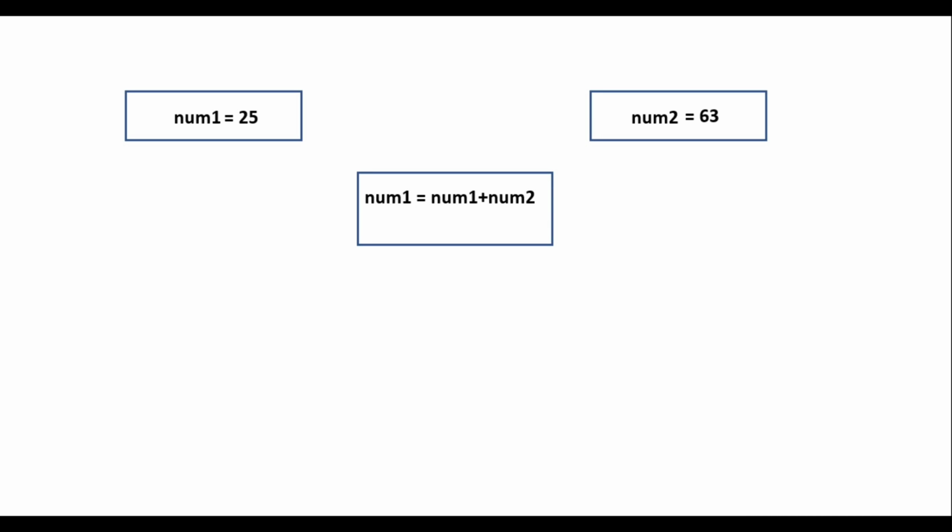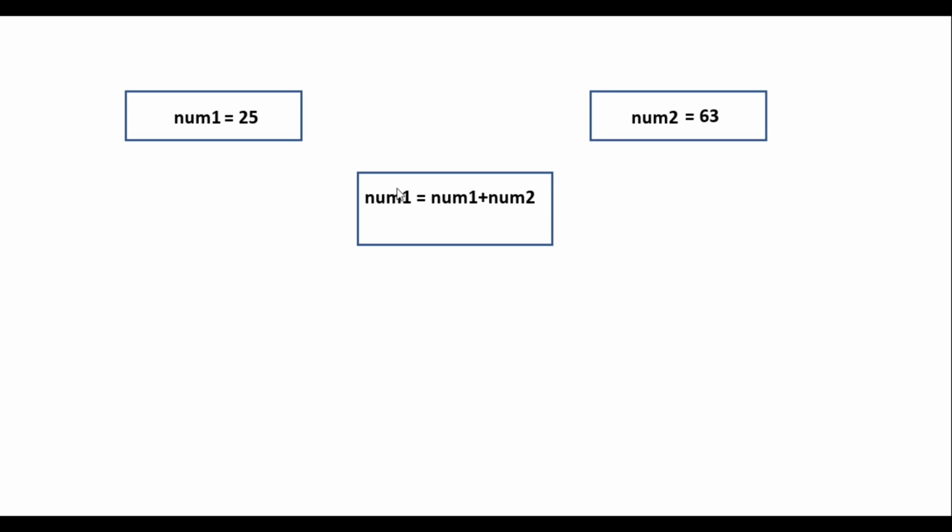So first of all, we declared a variable num1 and stored the value 25, and then we declared another variable num2 and stored the value 63. After storing these two values, the first line of code that we wrote was num1 equals num1 plus num2. Now what is happening?